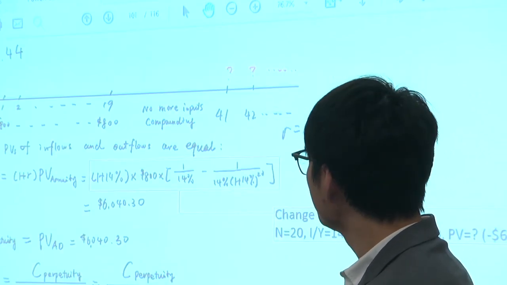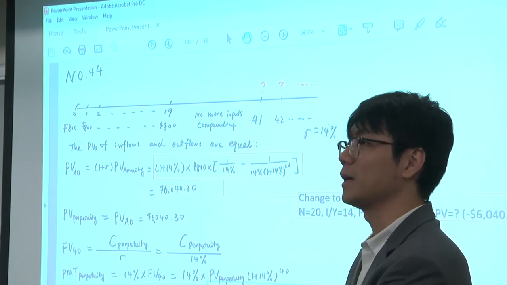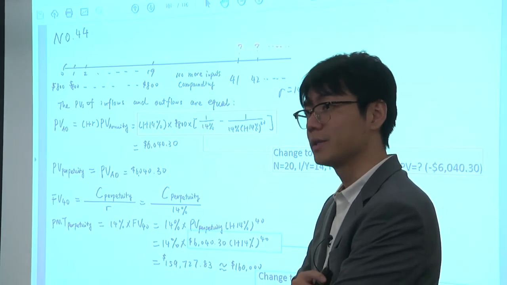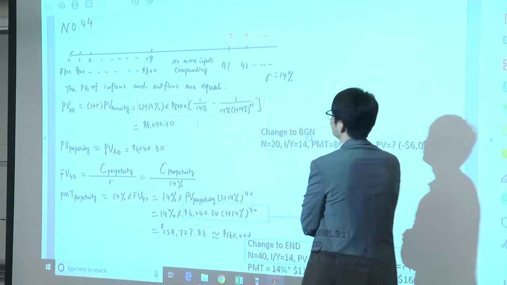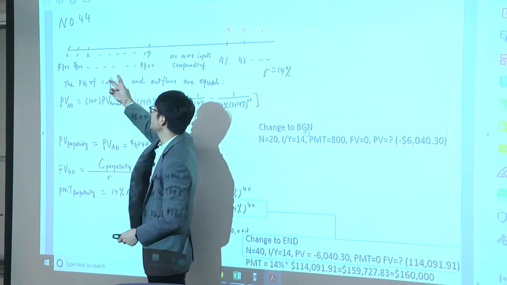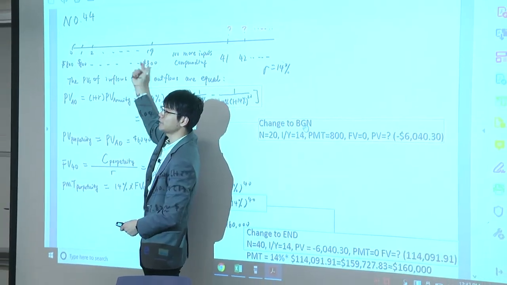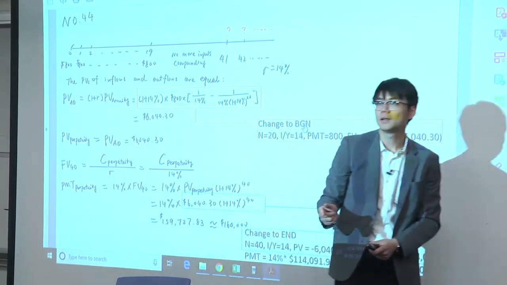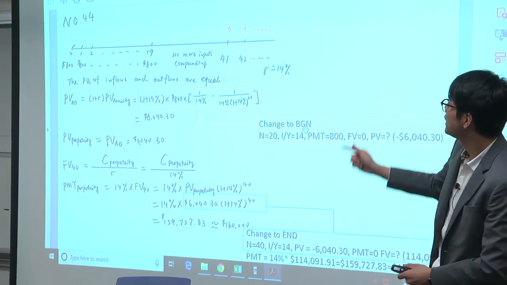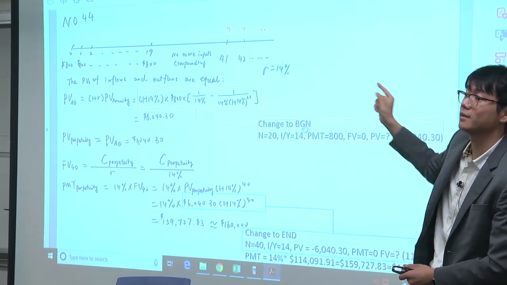So what do we do? You first need to draw a timeline of cash flows. That's always helpful. The question says this: 20 years of putting money into your account, $800 each year for 20 times. It starts from the 0th year and lasts until the 19th year.